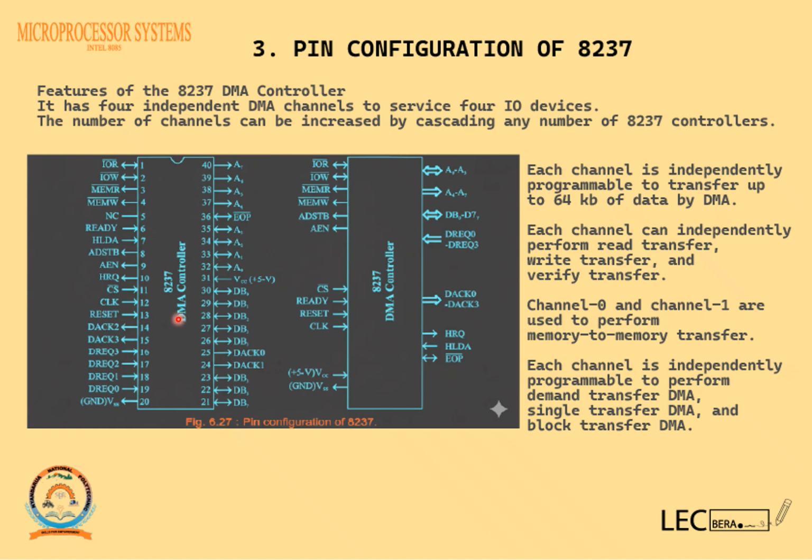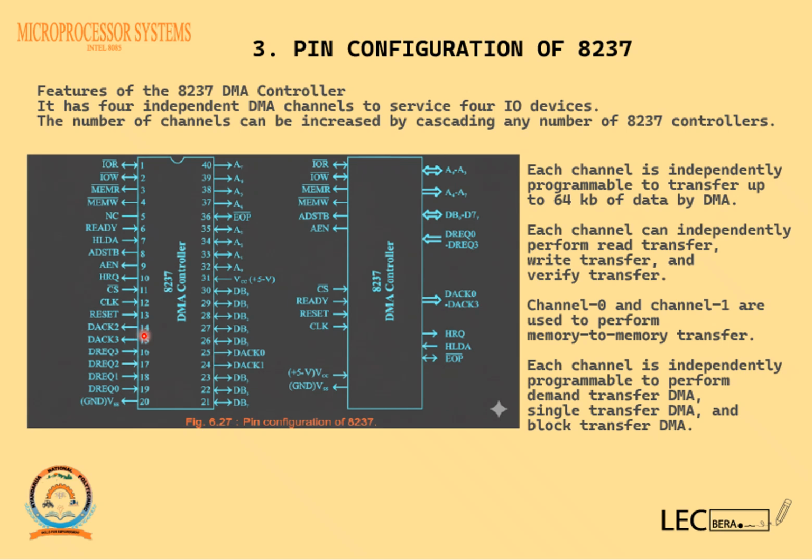The DMA controller 8237 has 4 independent DMA channels to service 4 input output devices. It means that we can connect up to 4 input output devices concurrently to our microcomputer environment, because we have 4 channels.